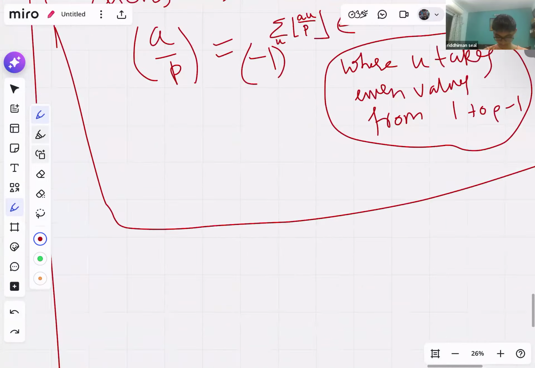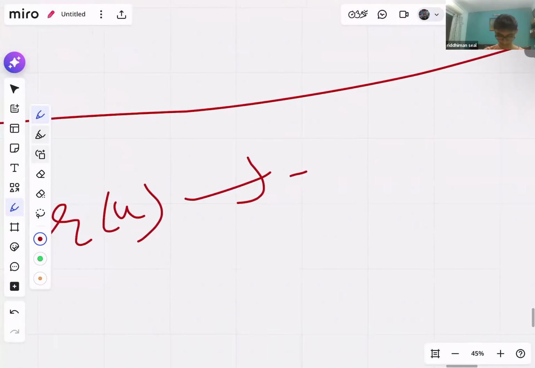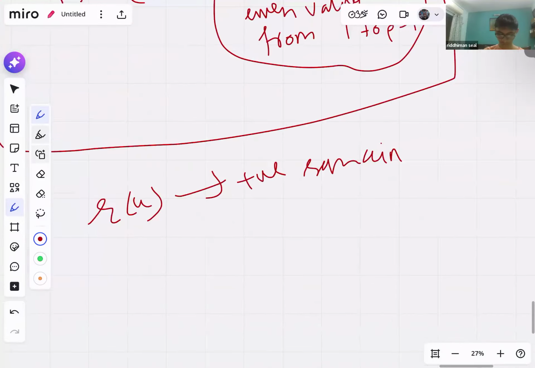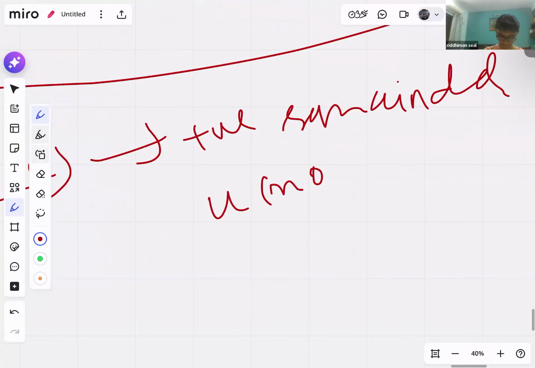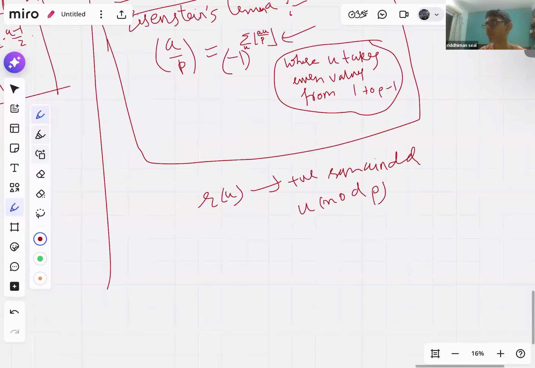Okay, so what we do is we define r(u) to be the positive remainder of u mod p. It's different from u mod p because if we had something like -1, that would actually become p-1.